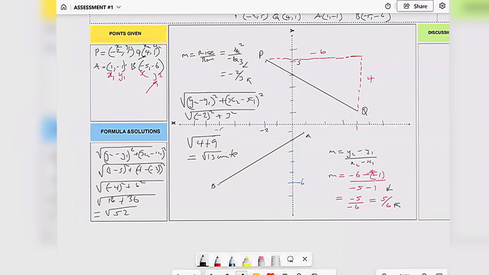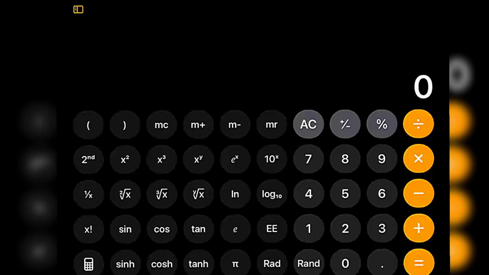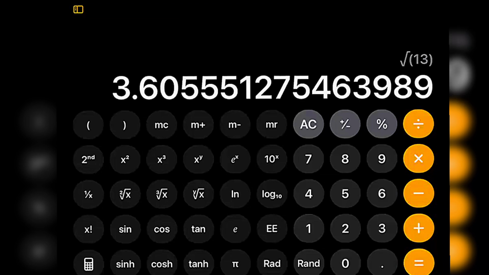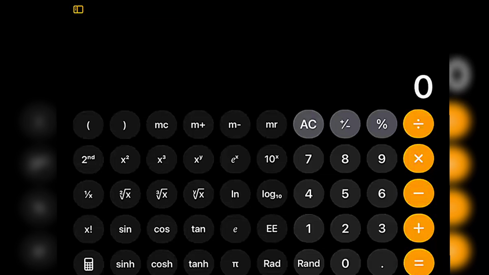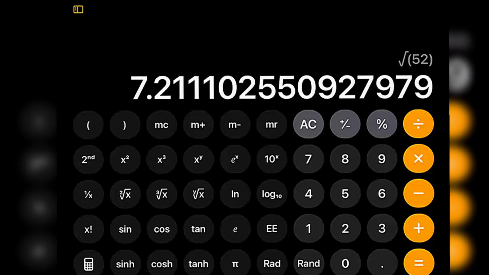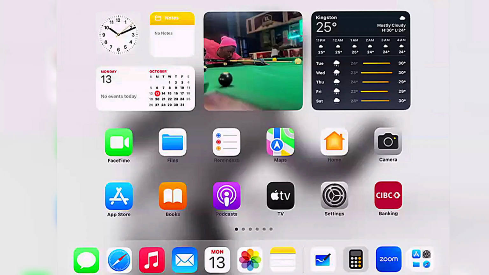The square root of 13 is 3.6, and the square root of 52 is 7.21. So I think that I made a mistake.